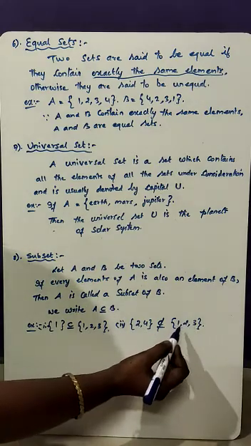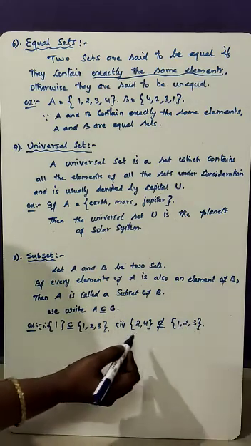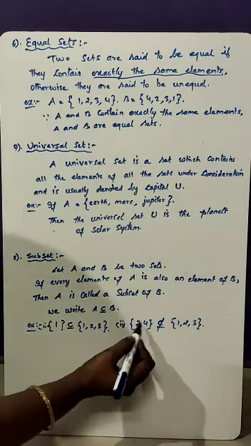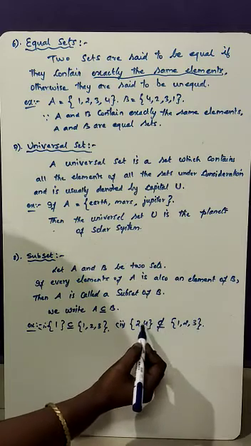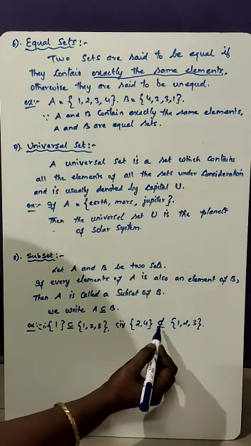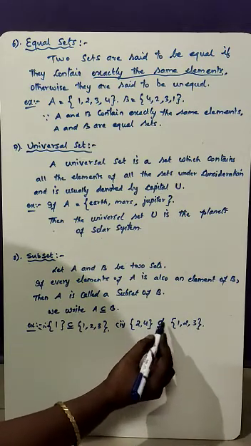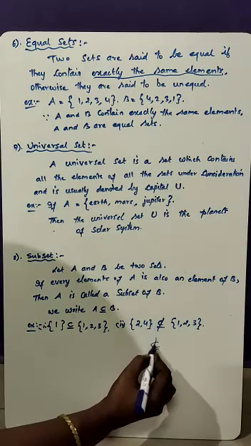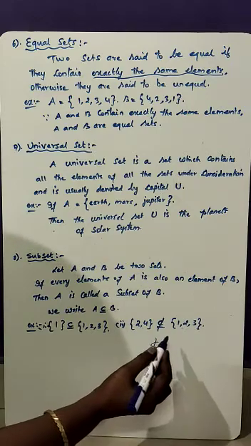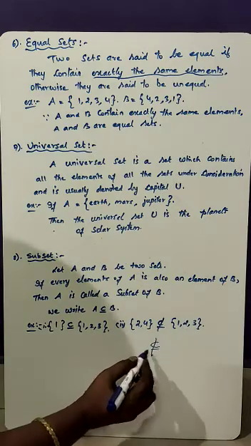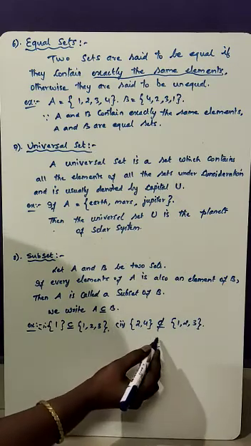The biggest set is {1, 2, 3} and the smallest set is {2, 4}. Notice that 4 is not in the biggest set, so it is not a subset. We write the subset symbol with a line across it: {2, 4} is not a subset of {1, 2, 3}. So that is the subset and not subset.